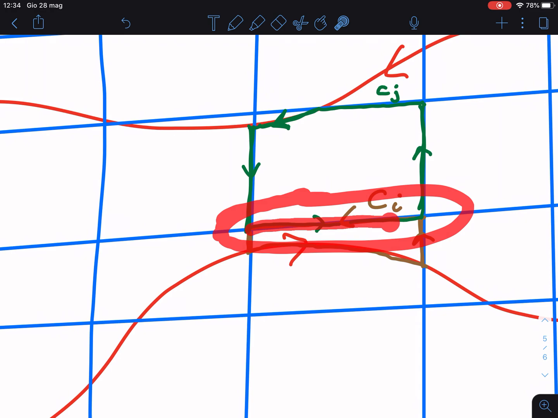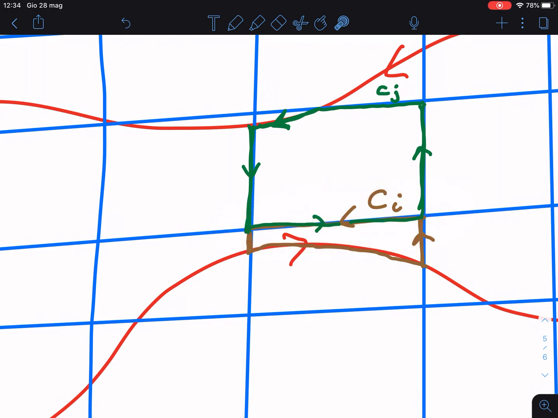In the green circuit Cj, it goes rightwards, while in the brown circuit Ci, it goes leftwards.